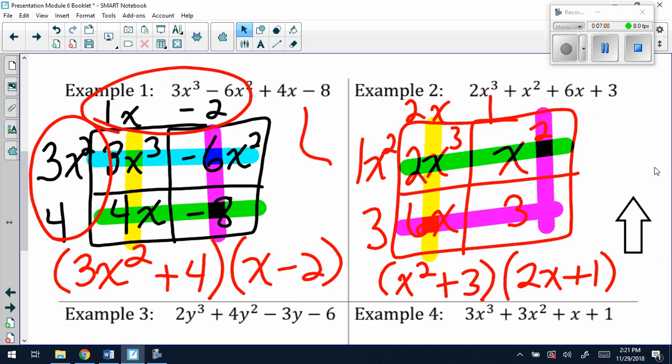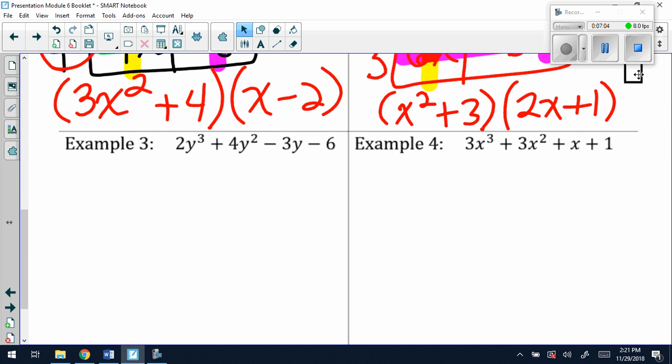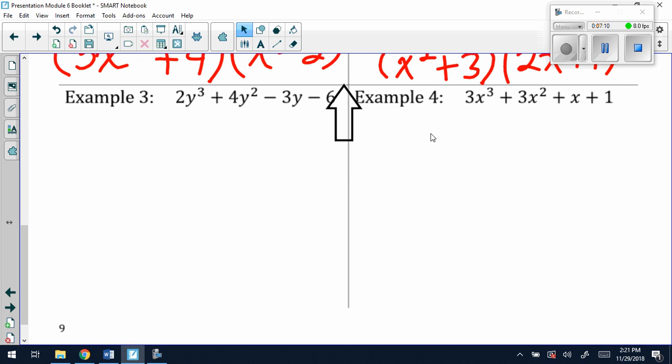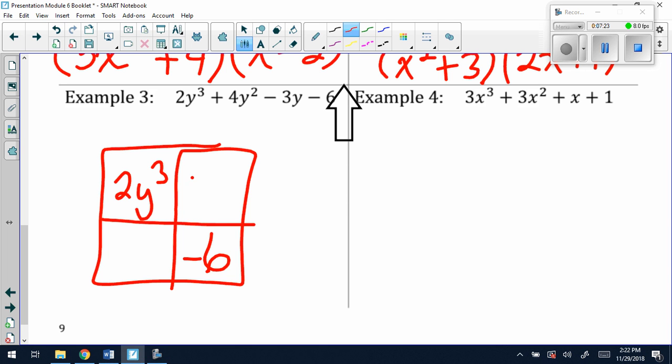Okay, let's do one more together and then we'll finish the fourth one in class. Again, I've got 4 terms, so I'm going to draw the box. First term, highest degree. Last term, lowest degree.